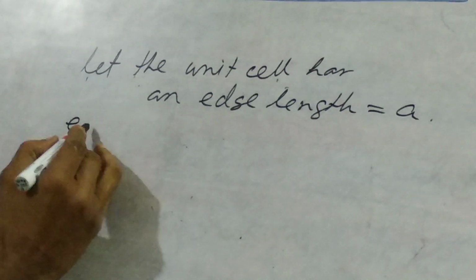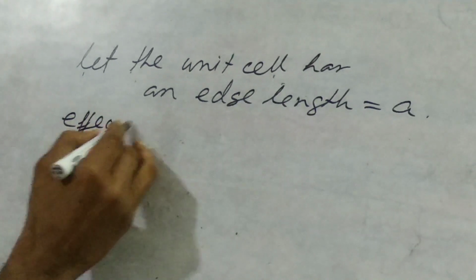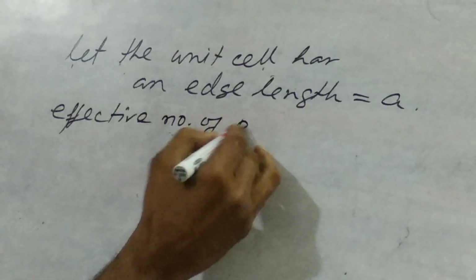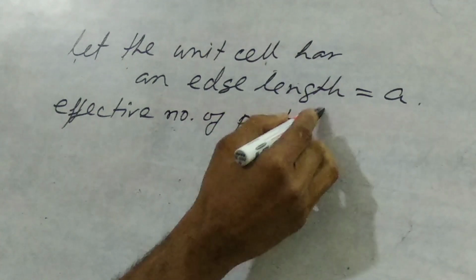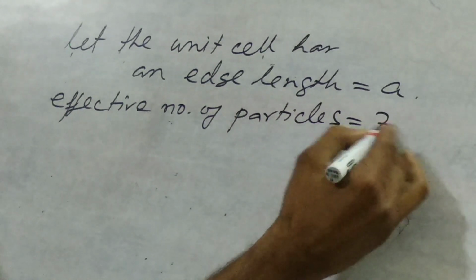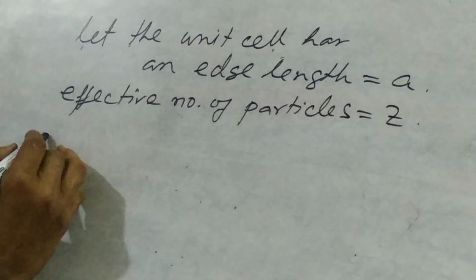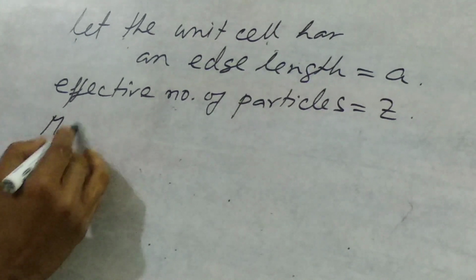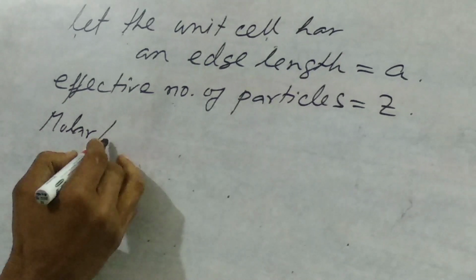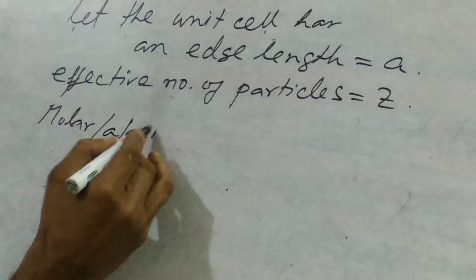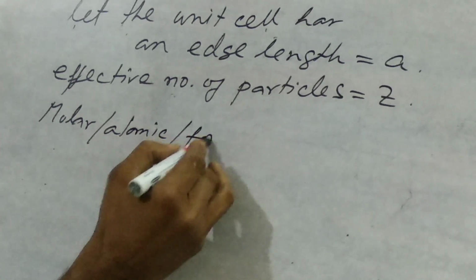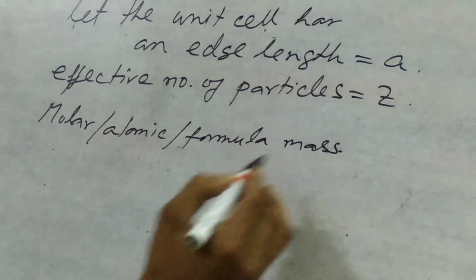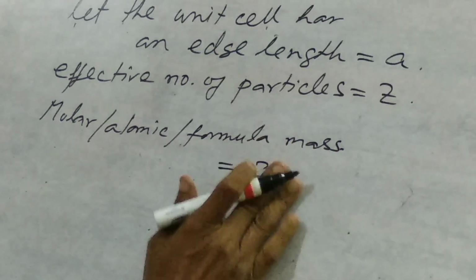Let the effective number of particles be Z. Let the molecular mass or atomic mass, whatever may be, molar or formula mass of each particle be m.